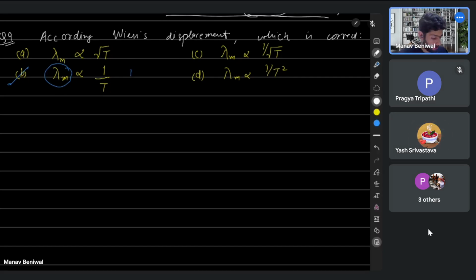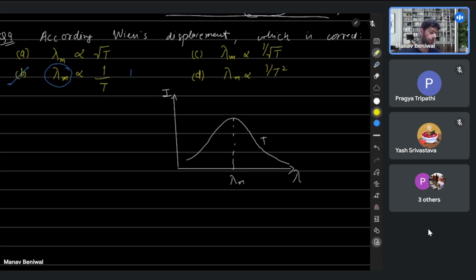Yes. So when we plot intensity versus lambda, the graph looks something like this. And this peak here, this is your lambda m. And this is for some temperature T. Now, if you change your T, the position of this peak will change.